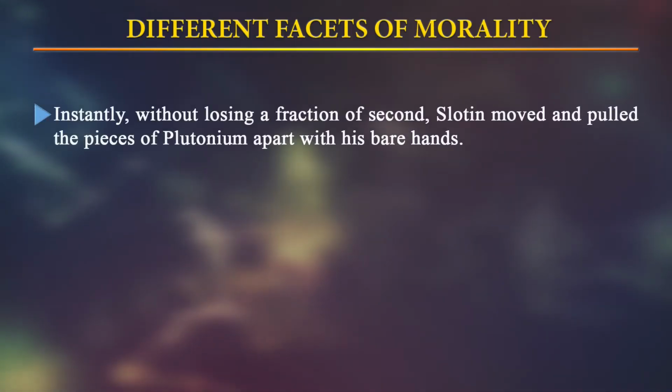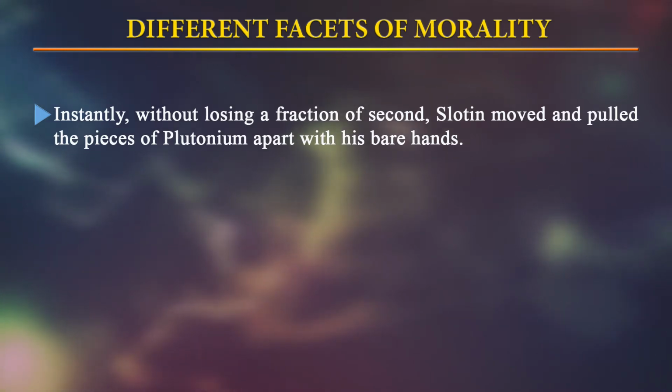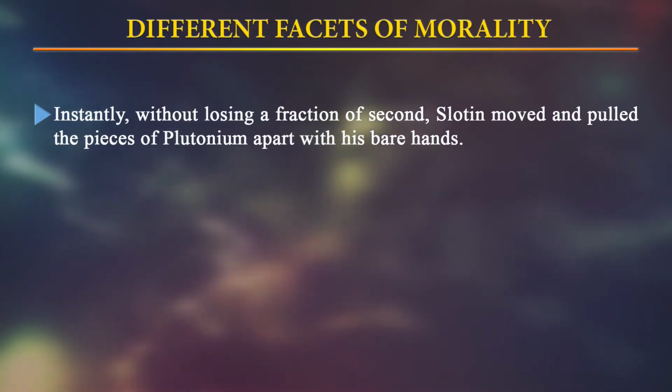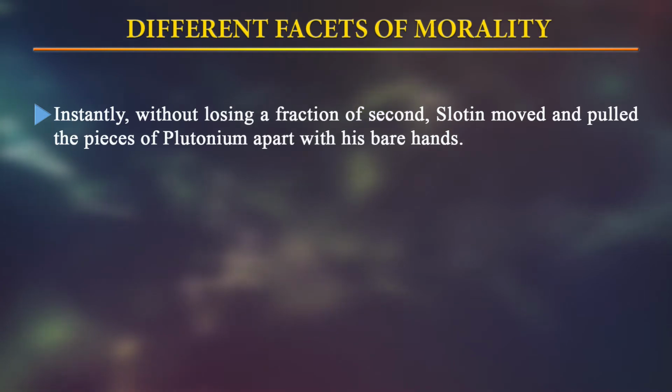So what happened? Instantly, without losing a fraction of a second, what did Slotin do? He moved and pulled the pieces of plutonium apart with his bare hands, which was a very dangerous thing to do.